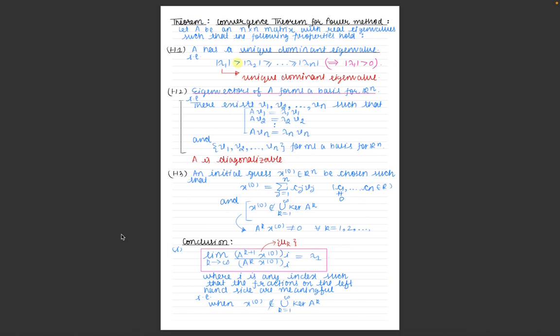Conclusion number 1. We have already seen why this sequence, so then this holds. The first conclusion is this.